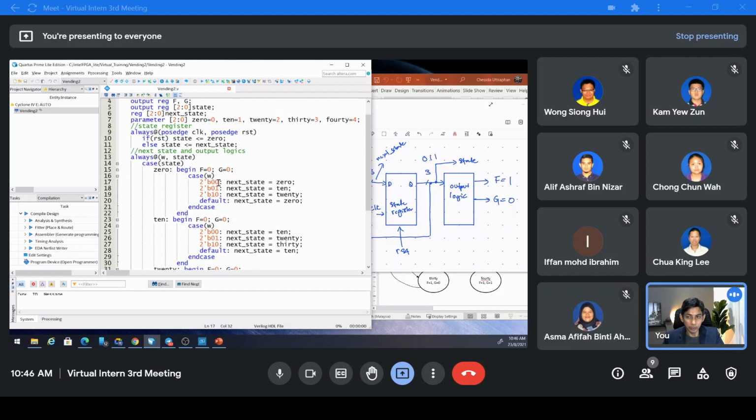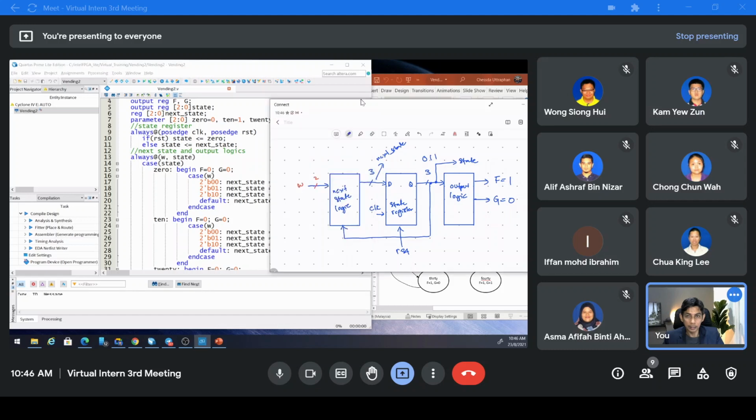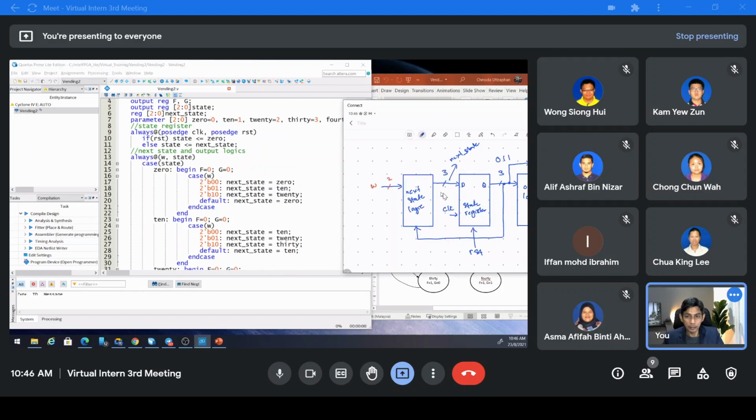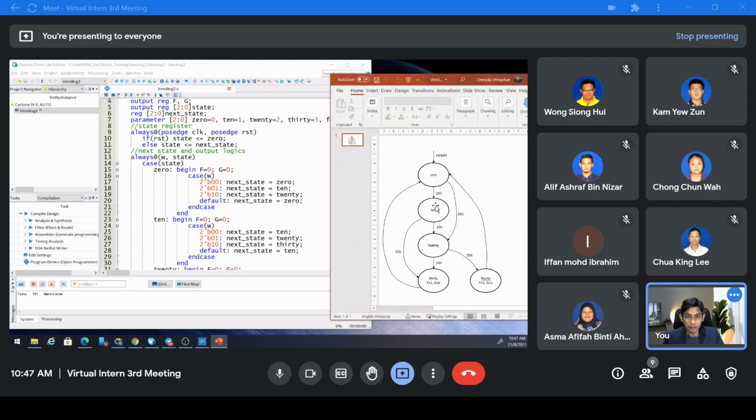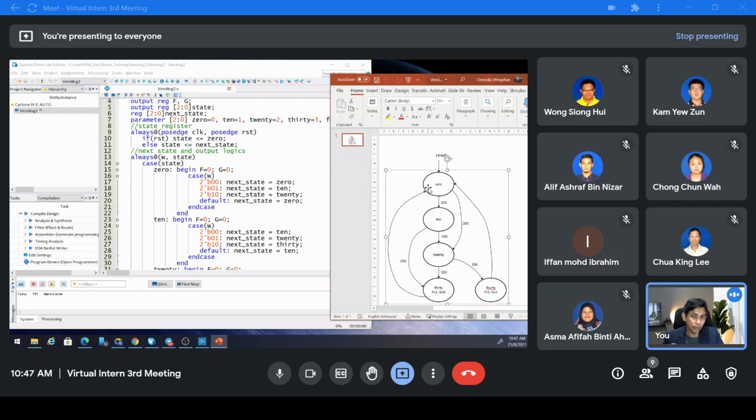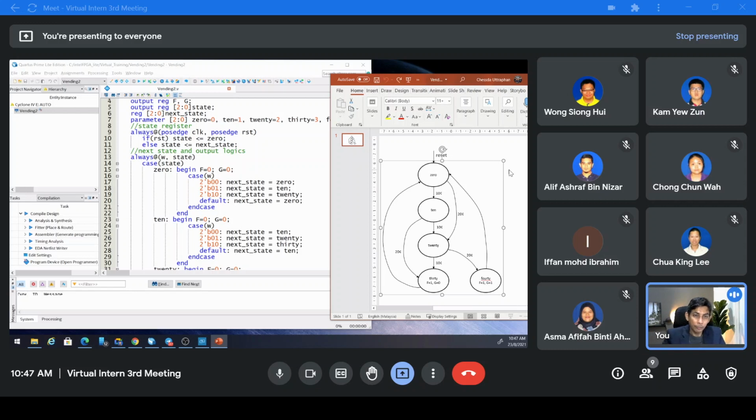if W equal to 0, 0, what do we do? The next state here should be 0, 0, 0, which means that if we are in state 0 and there is no input, we should stay here, right? The next state must be 0, 0, 0 also.